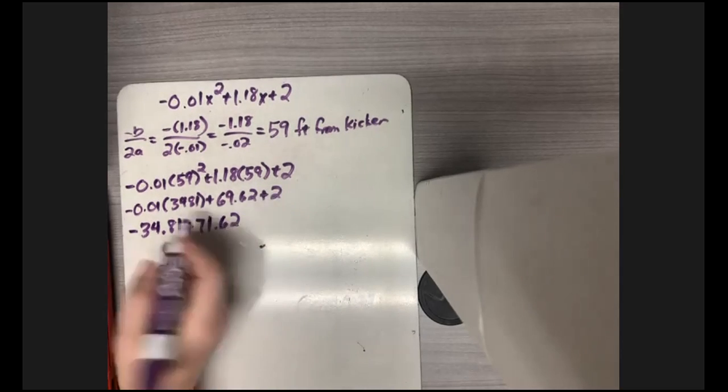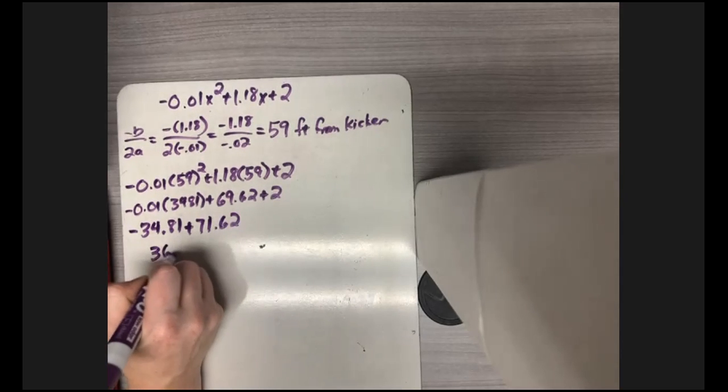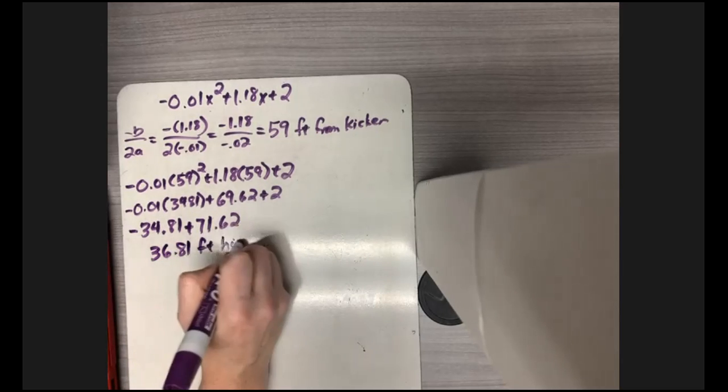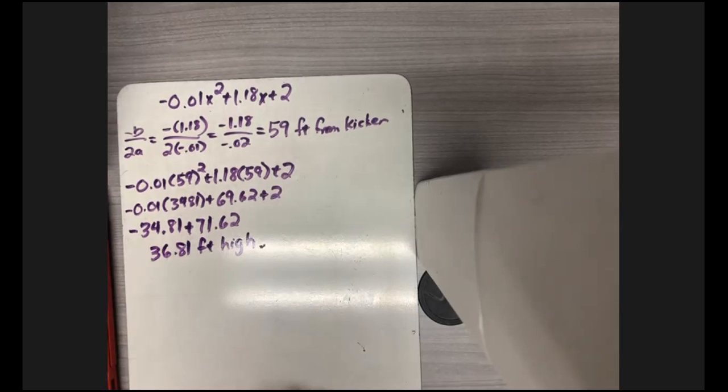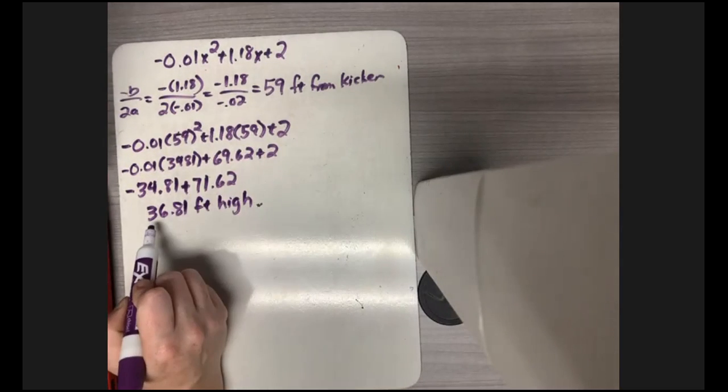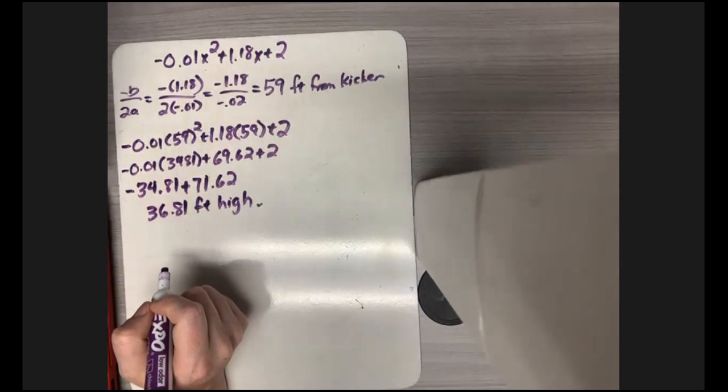Adding those two together, I get 36.81. Again, that was in feet, and this is the height. So the football went 36.81 feet high into the air.